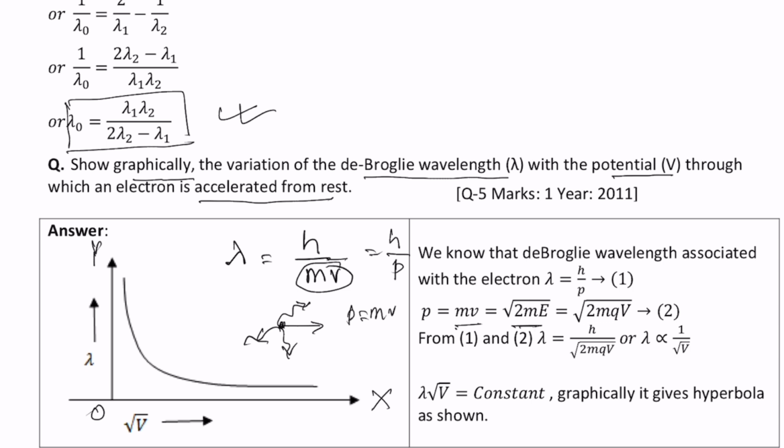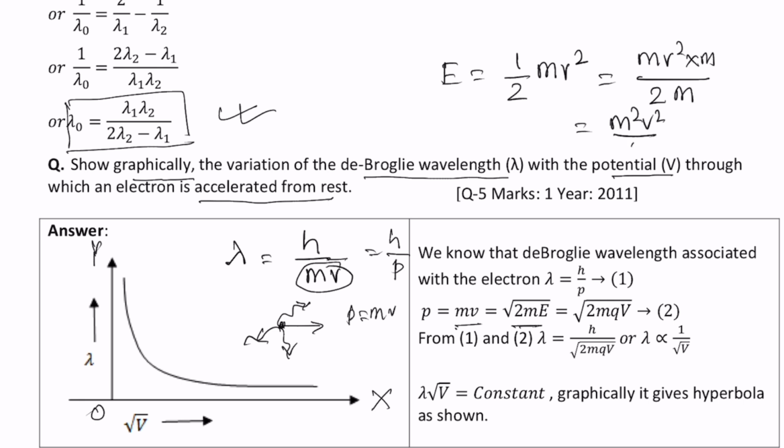Energy is half m v square, the kinetic energy. If we multiply by m in numerator and denominator, it is m square v square by 2m, but m square v square is momentum square, so p square by 2m.